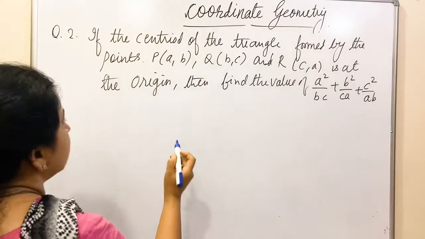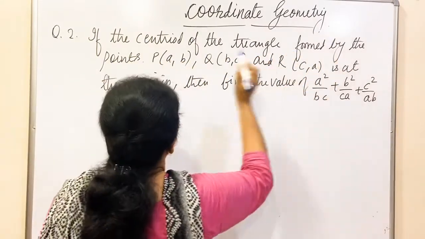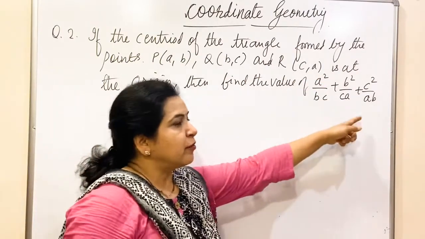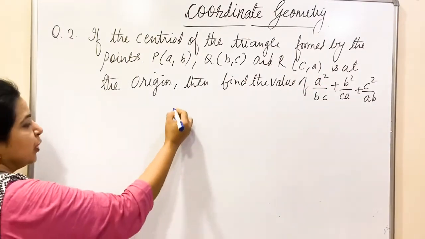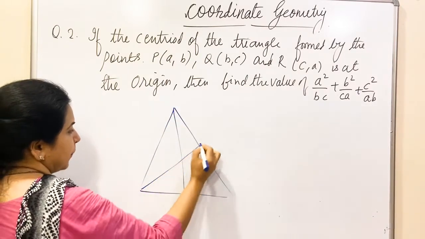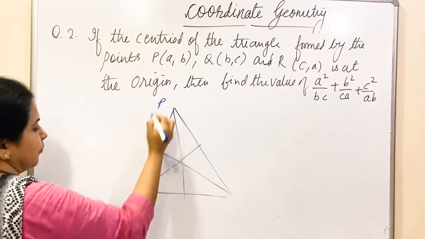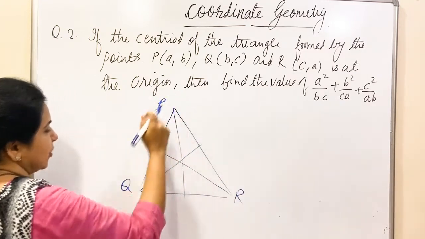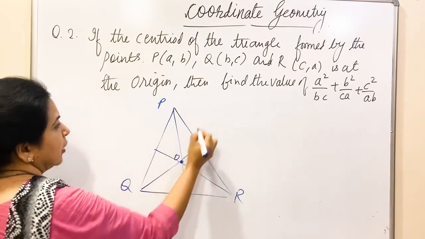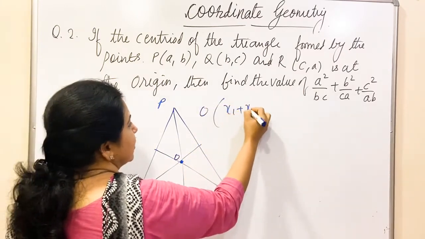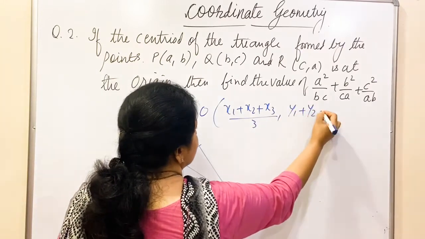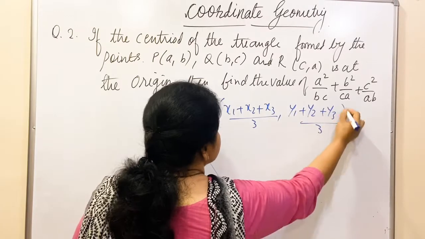In this question, the centroid of the triangle formed by P, Q, R is at the origin. Then we have to find the value of this. We know that if the coordinates of P, Q, R are (x1, y1), (x2, y2), (x3, y3), then the coordinates of the centroid are ((x1 plus x2 plus x3) by 3, (y1 plus y2 plus y3) by 3).